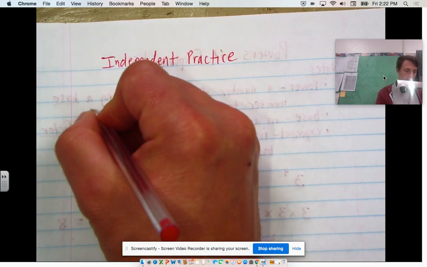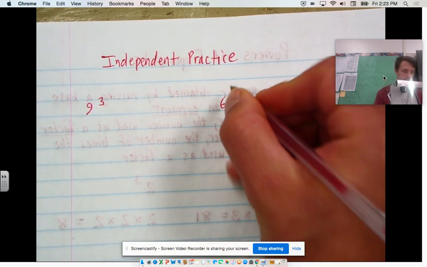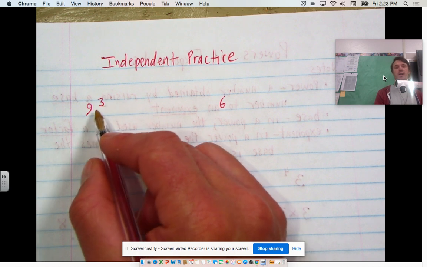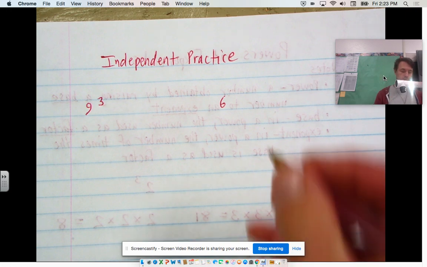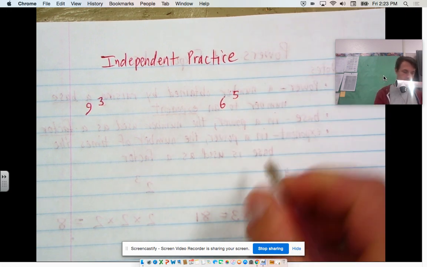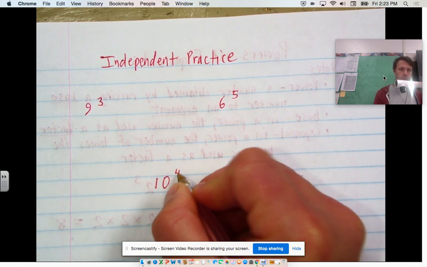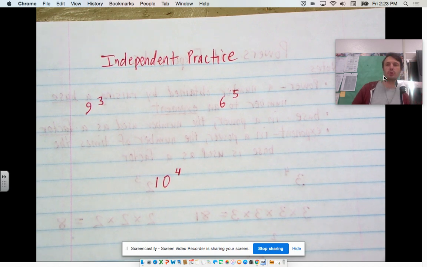I want you to do 9 to the third power, actually, how do we say this again? We don't say 9 to the third power, we say 9 cubed, and then 6 to the fifth power, and then do 10 to the fourth power. Those are the ones I want you to do for your independent practice.